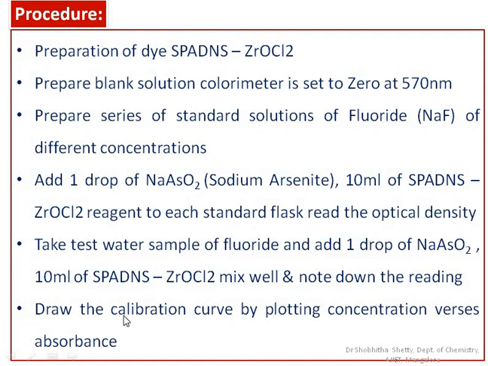So we will compare the absorbance of the test water sample on the calibration curve, and we can easily calculate the concentration of fluoride ion in the given test water sample. This is how fluoride is analyzed using Spands method and using the instrument colorimeter.